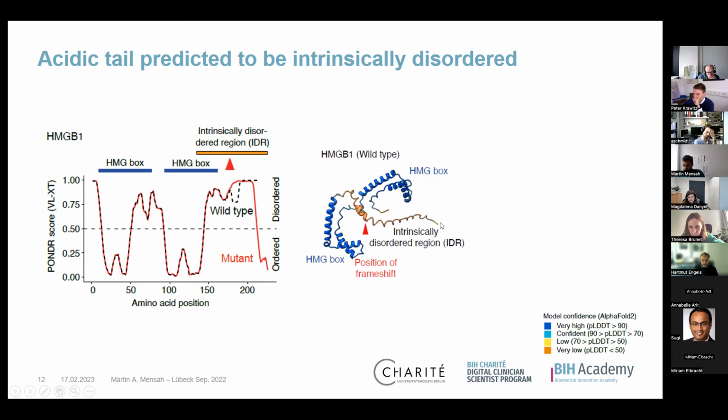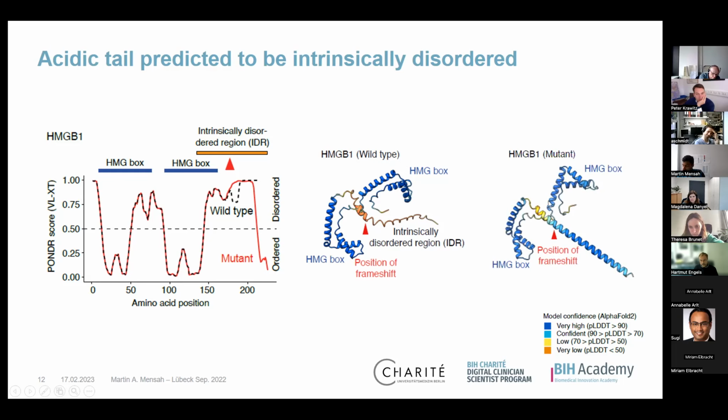This incapacity of AlphaFold to predict a certain structure can be interpreted as the structure being disordered. AlphaFold cannot predict it because it has no structure. So here we see what we also saw here, that the wild type HMGB1, its C-terminus, is intrinsically disordered.